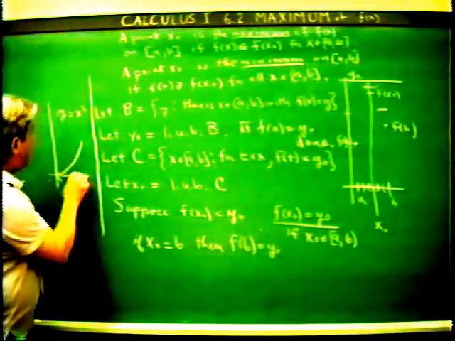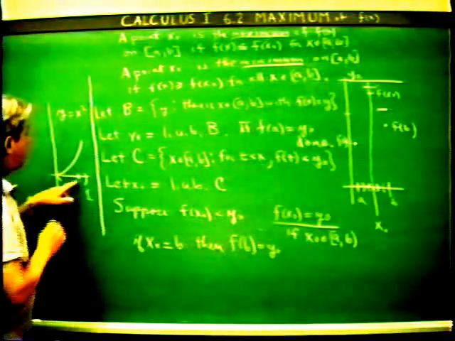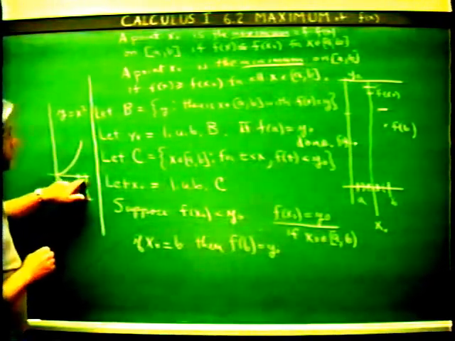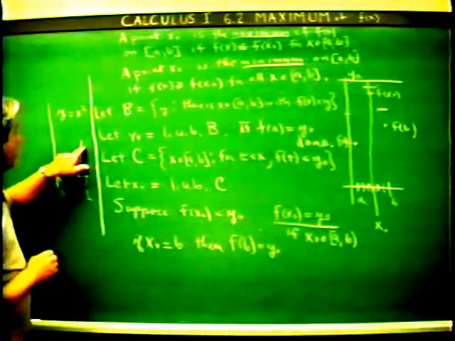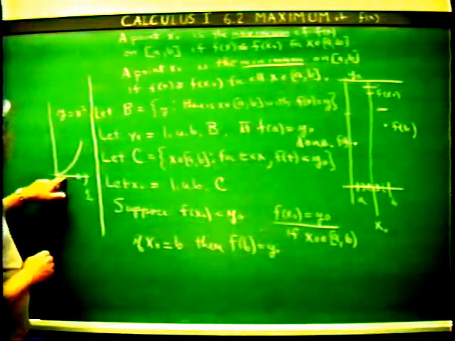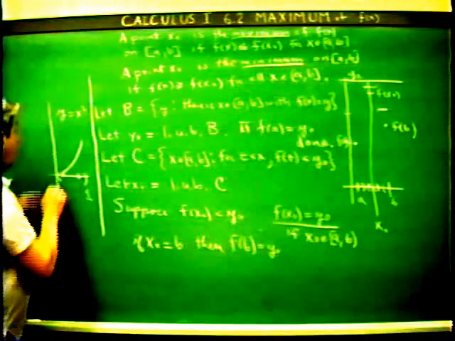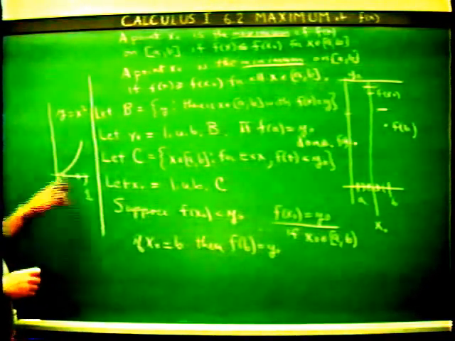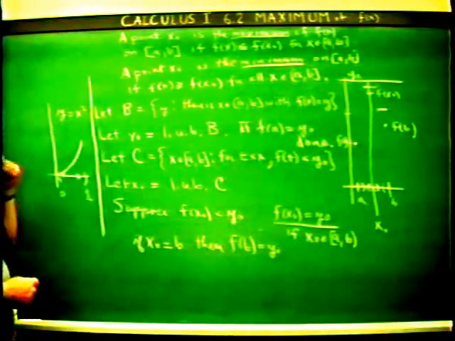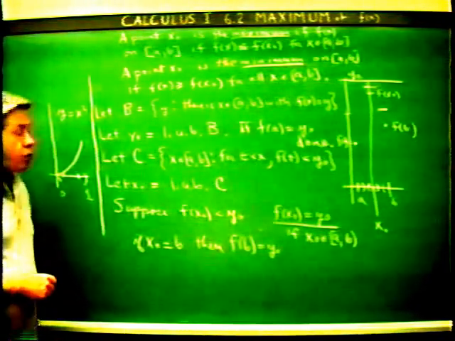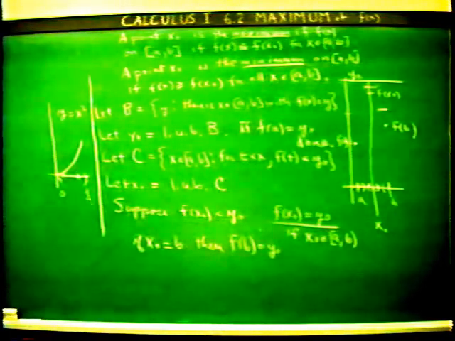We can always find points. If it took on its maximum, let's say at a point here, that can't happen because you can always find points further to the right where it's larger. And if it took on its minimum over here, that can't be the minimum because you could always find points to the left where the function x squared is smaller. So the closed interval here is important.